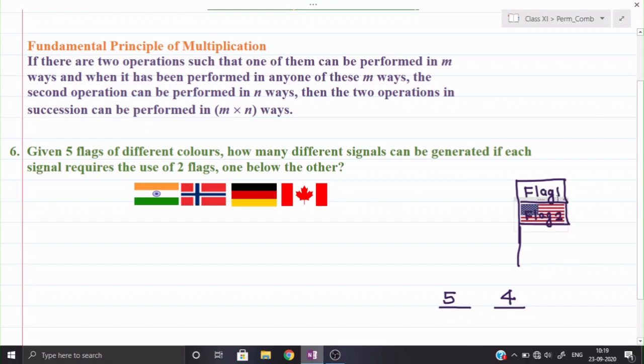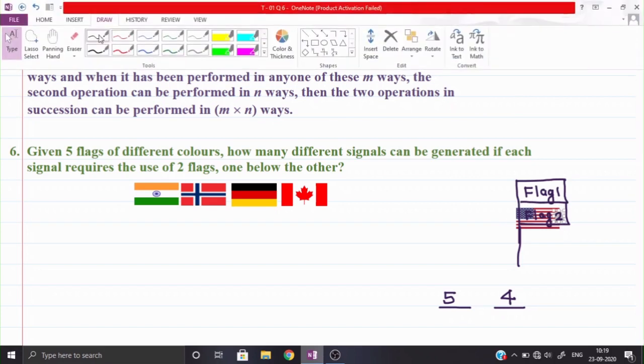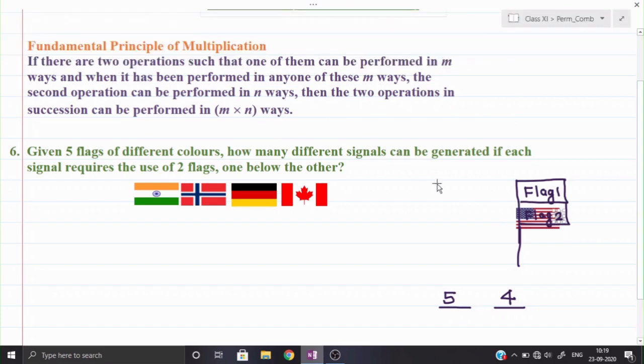Leave this one, this we can rub. And we'll write down the required things. This is just what I made for you for your understanding. So this all we can rub now. This also we can leave.